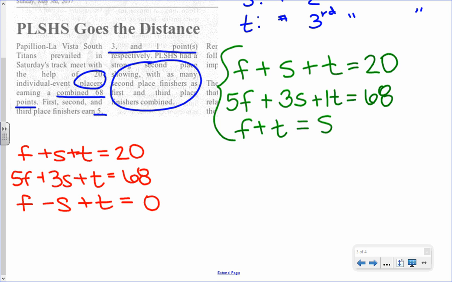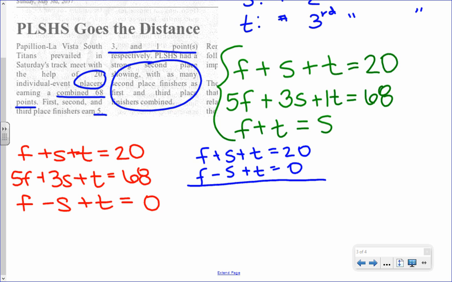S sounds like a good choice, right? We can take the first and third equations to get 2F plus 2T equals 20.